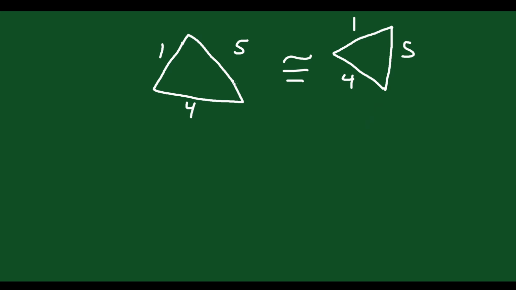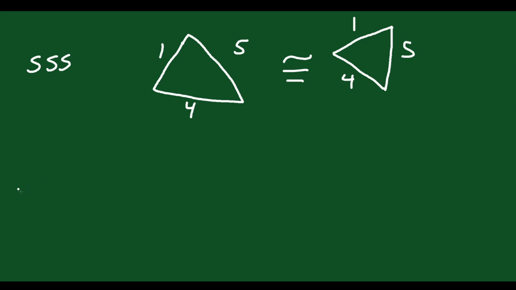So it's the same positioning, right? The sides are the same lengths. The only thing is I've spun it a little bit in this direction. This 5 side used to be kind of on an angle, now it's straight up and down. So I've just rotated the triangle a little bit. And because of that, it's still congruent, right? These two triangles are congruent. And so that method is SSS. If you have all three sides, then you can confirm that it's congruent if all the sides are the same.